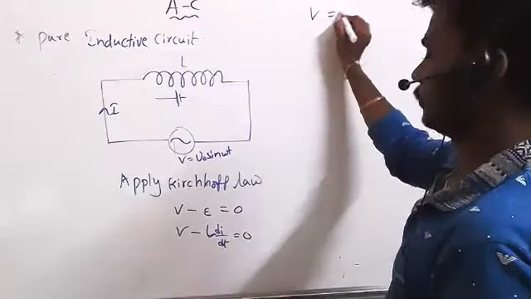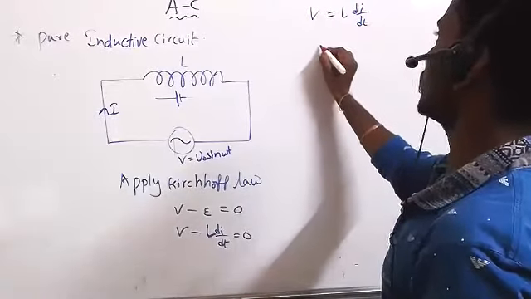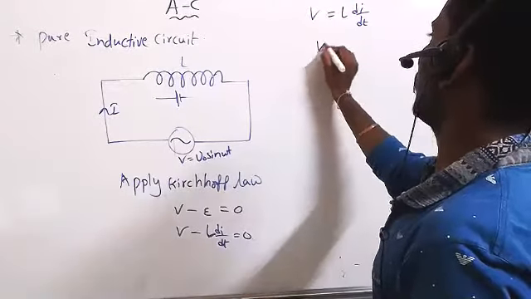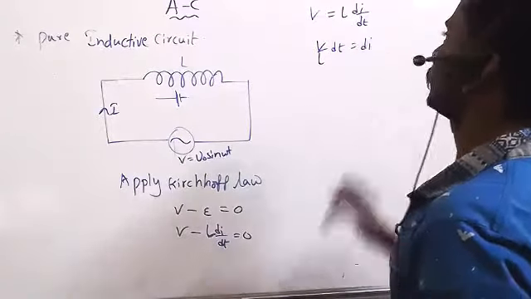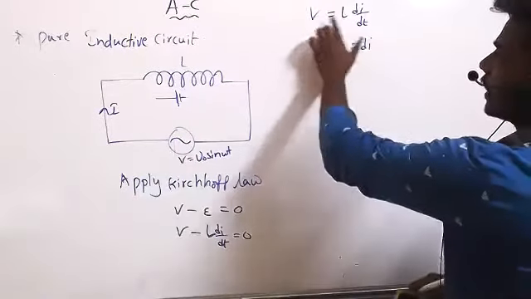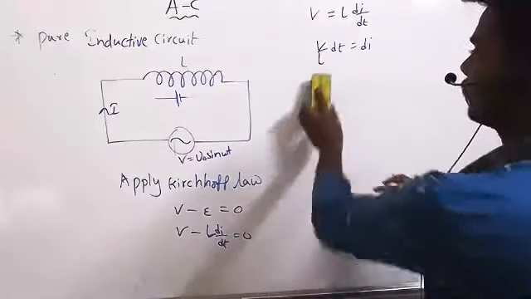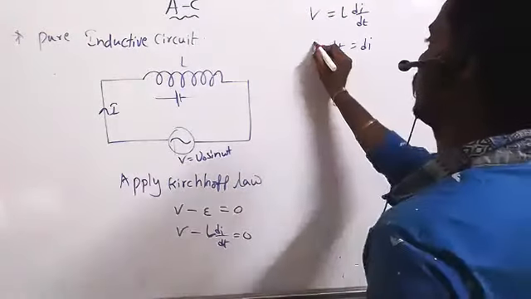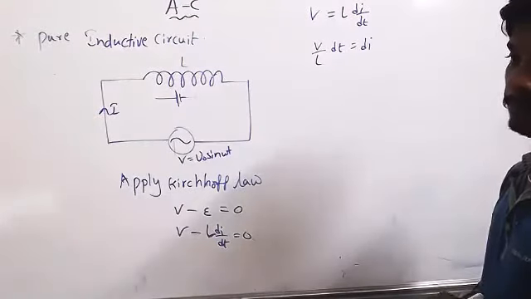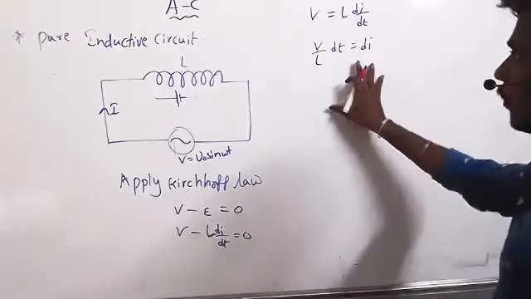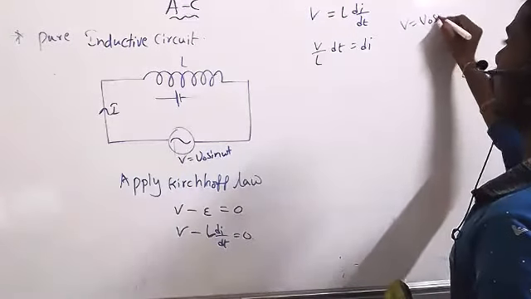So, let's see now. V equal to L di by dt. From this, V by L dt equal to di. Okay. Now, how much voltage we have given? V equal to V naught sin omega t.